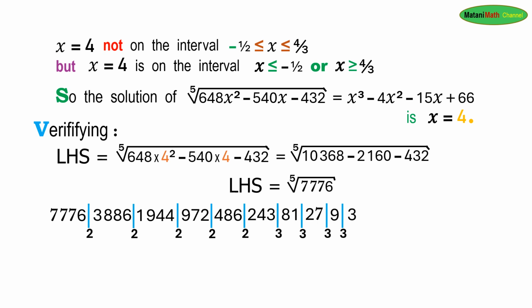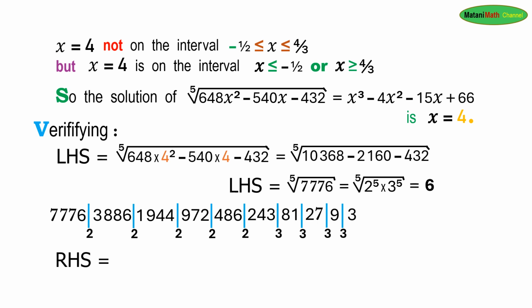So the fifth root of 7,776 equal to the fifth root of 2 to the power of 5 times 3 to the power of 5. So left hand side equal to 2 times 3 equal to 6.